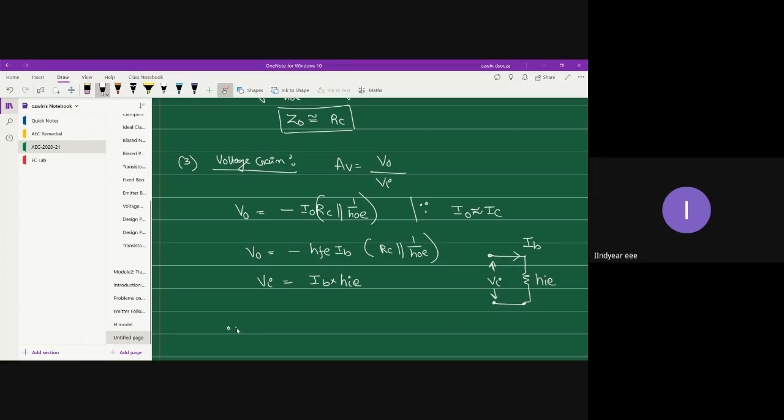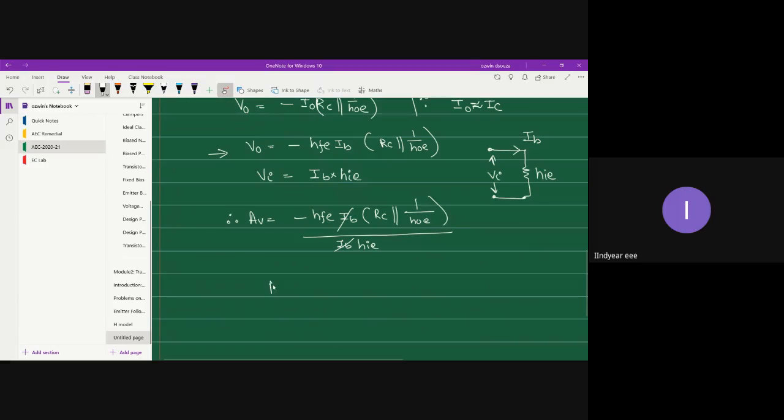Therefore the voltage gain AV becomes minus HFE, because against V naught I have this expression: minus HFE into IB into RC parallel with 1 over HOE, divided by VI. VI is IB into HIE, so IB gets cancelled.